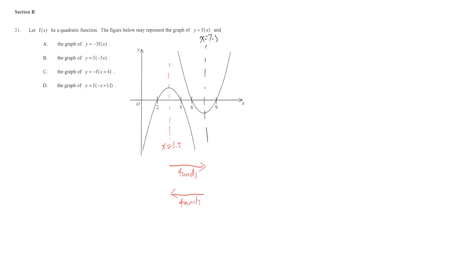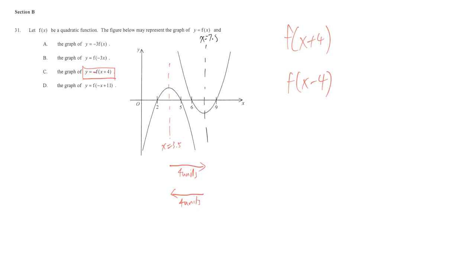And it is affecting x, so maybe there is a new function which is f(x plus 4) or f(x minus 4) appearing in our choices. So it's quite straightforward that we find that C most probably will be the answer. And then after that, there is a negative outside.